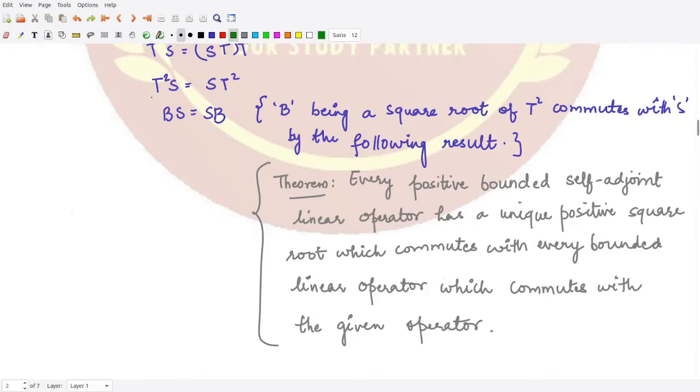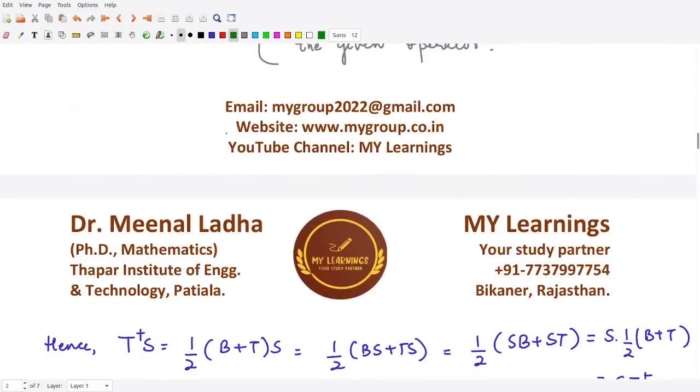Here, because T square commutes with S, this would imply that the square root of T square would also commute with S. And what is this square root of T square? It is nothing but B. So you have BS equal to SB in this case.